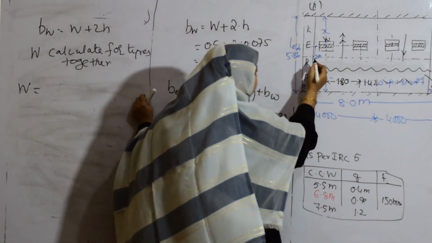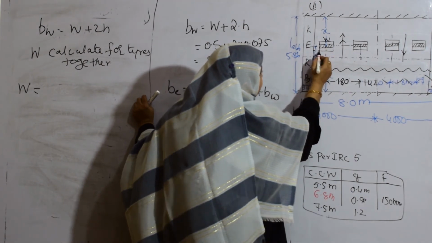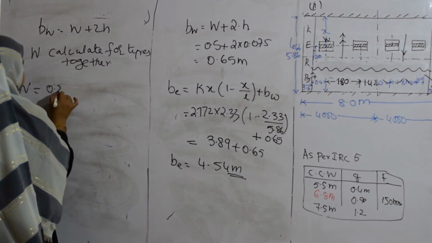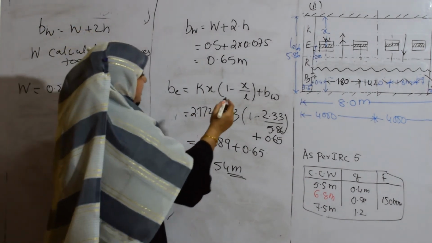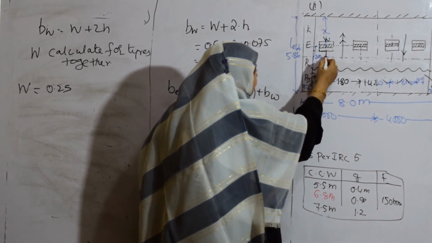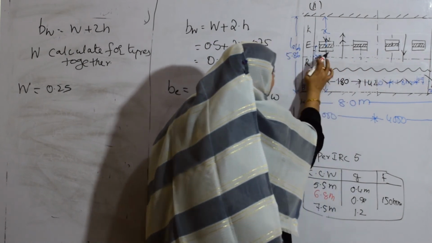So I am starting from here. Okay, this is point from tire. So this is 0.25. I am starting from here. I'm taking these 4 tires together. 0.25.